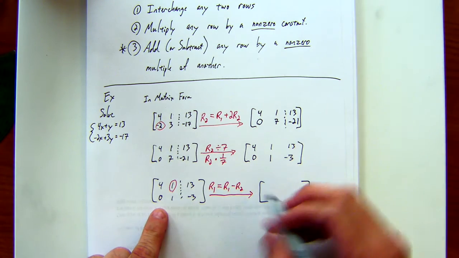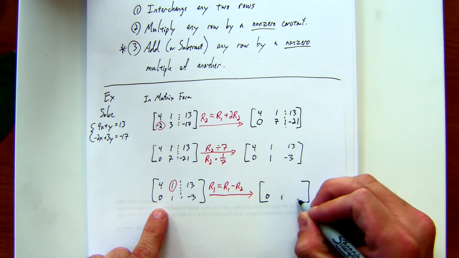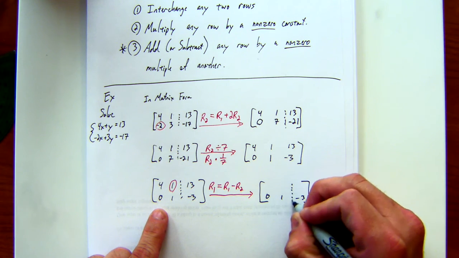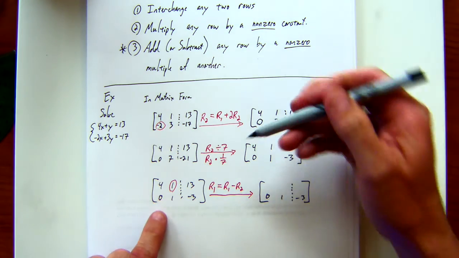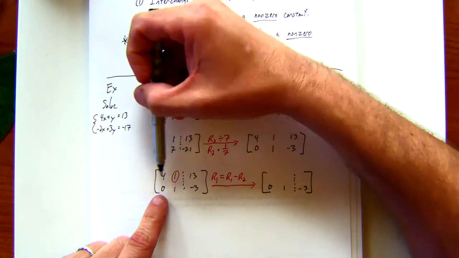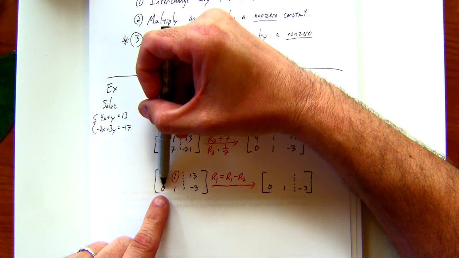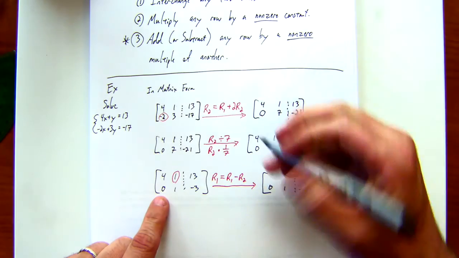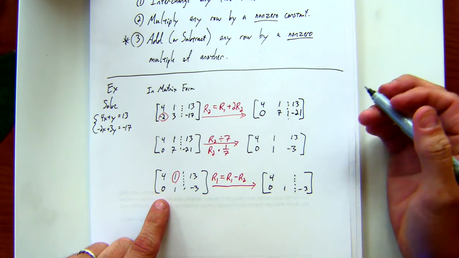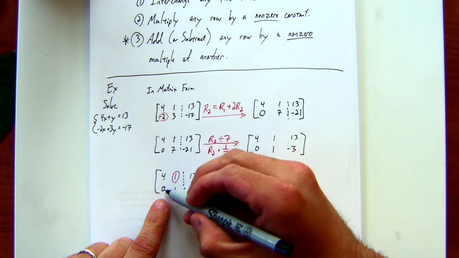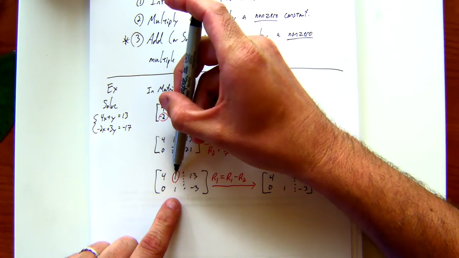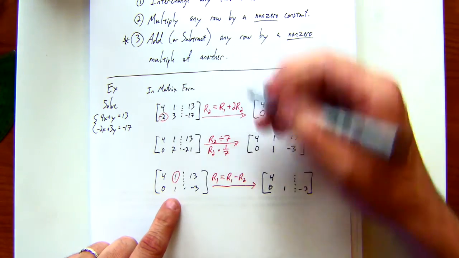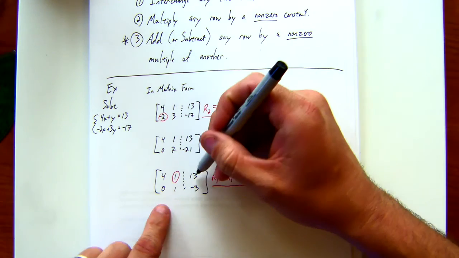Now, I'm not changing row 2, so I can go ahead and write that. Now, row 1, this is also nice because 4 minus 0, that's row 1 minus row 2. 4 minus 0 is what? 4. 1 minus 1 is 0, and then 13.